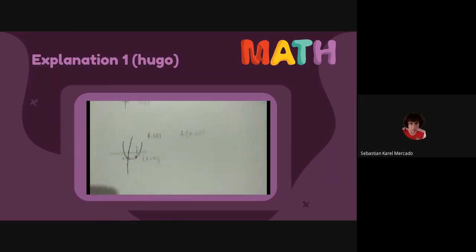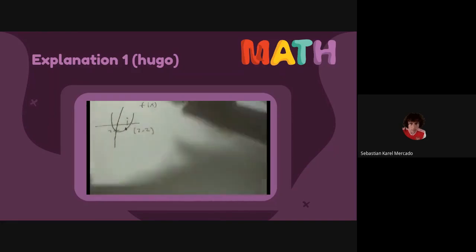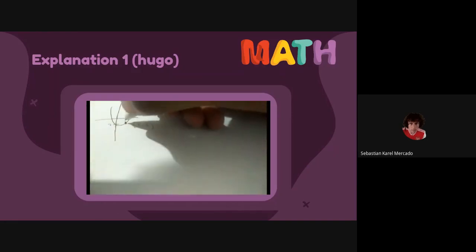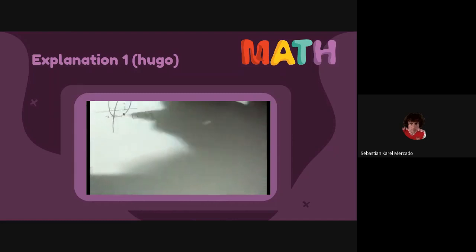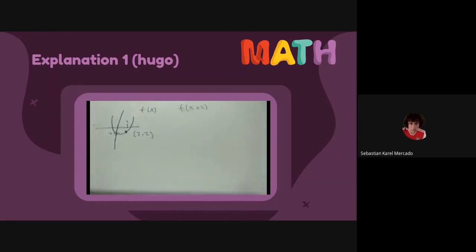For the lesson, we are going to make an example: what if it is f(x + 2)? If it's f(x + 2), it means that we need to move the graph to the left by 2, along the x-axis.